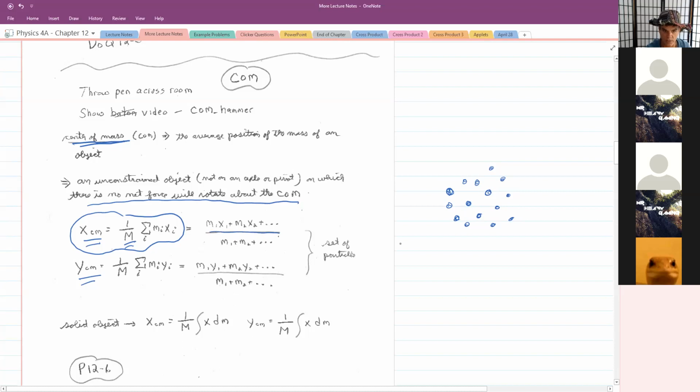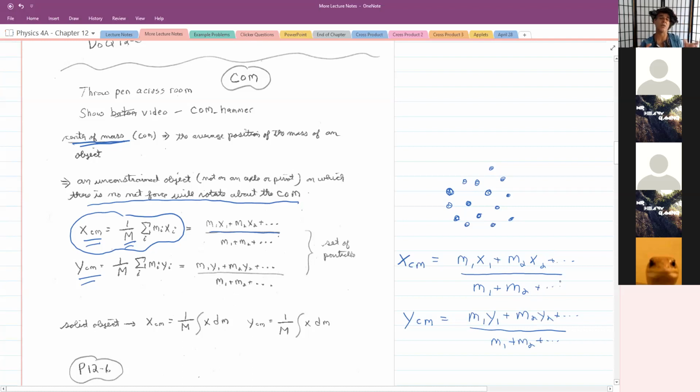So the position of the center of mass in x is m1 x1 plus m2 x2 plus dot dot dot divided by the sum of the masses, and the position of the center of mass in the y direction would be m1 y1 plus m2 y2 plus dot dot dot divided by m1 plus m2 plus dot dot dot.